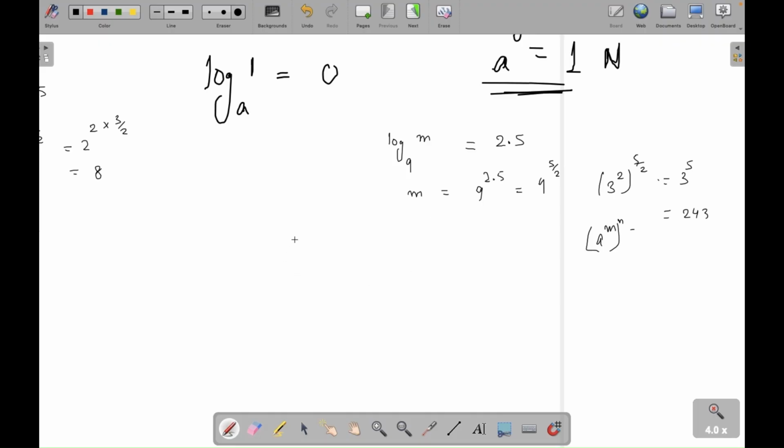Then say for example you have log m to the base 125 is equal to 2 upon 3. Can you find the value of m? So m is 25.